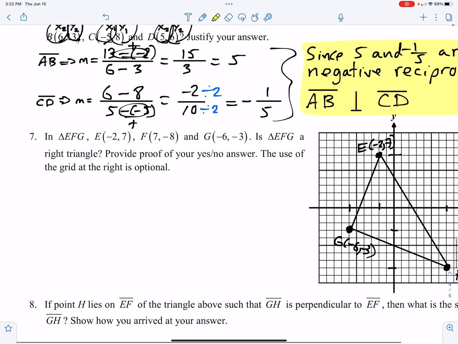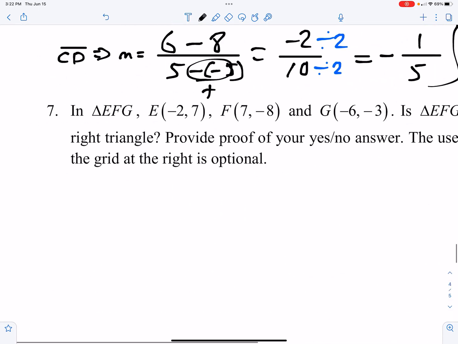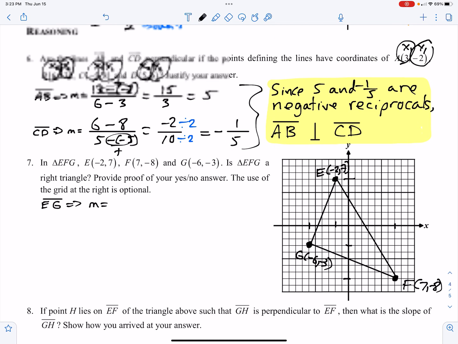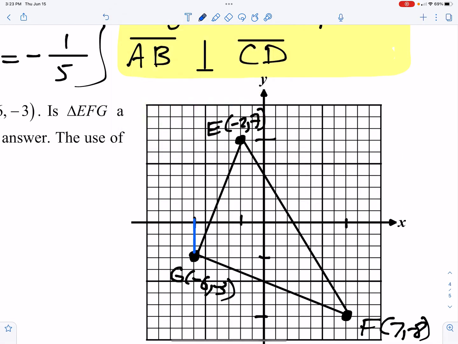So we're going to find the slope of EG. We go up 1, 2, 3, 4, 5, 6, 7, 8, 9, 10.